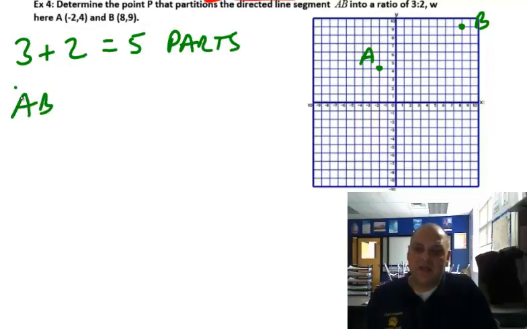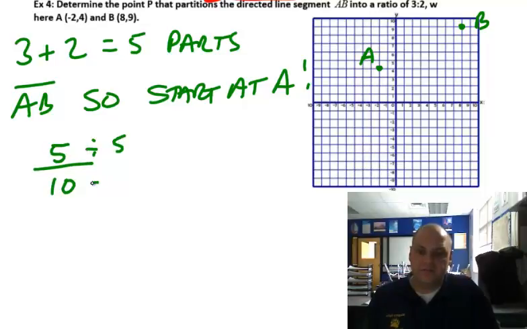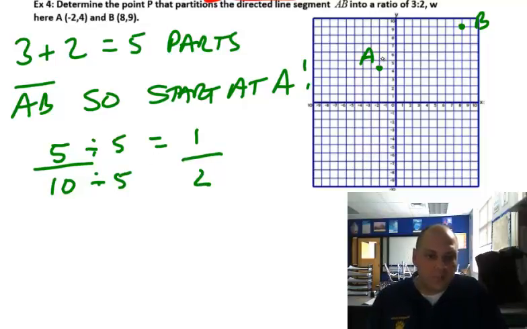AB, so start at A. My slope is up 1, 2, 3, 4, 5 over 10. So I want to divide by 5. There's 5 parts. It's going to be 1 over 2 again. All our examples come out to be 1 over 2. So it's up 1 over 2, up 1 over 2, up 1 over 2, up 1 over 2. Sure enough, I have 5 parts.